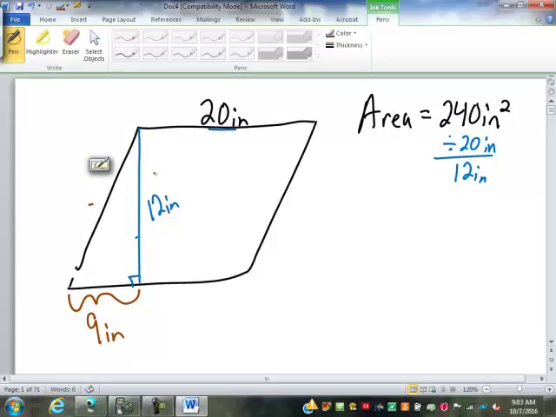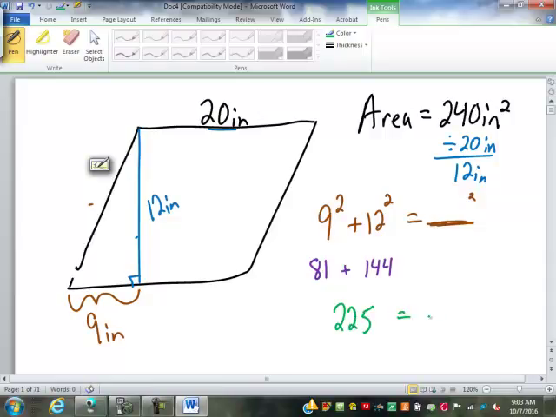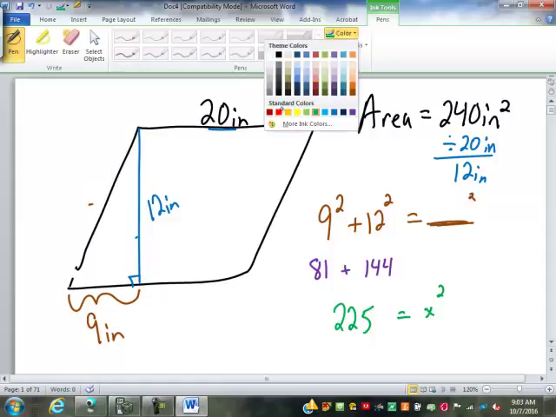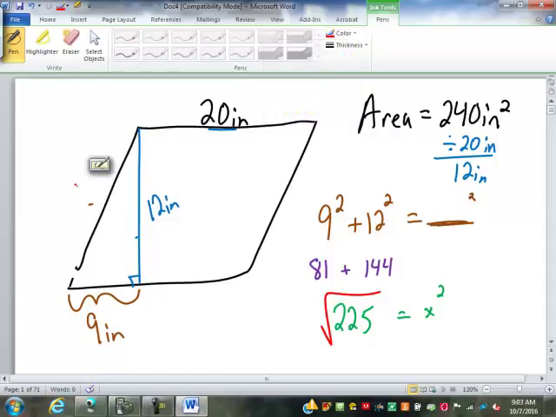I can find this length here by doing what? 9 squared plus 12 squared equals that length squared. 9 squared is 81. 12 squared, 144. Adding them together is 225. Equals that side squared. I square root it. I now have that is 15 inches.